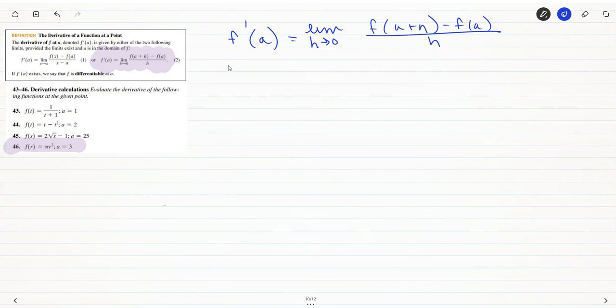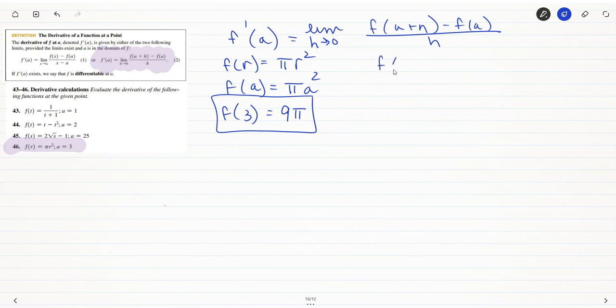Doing the substitution, if f of the radius is pi times radius squared, then f of a would be pi times a squared, and f of 3 would be pi times 3 squared, or 9 pi. f of a plus h would be pi times the radius squared, and if we're using a plus h for the radius, it would look like this.